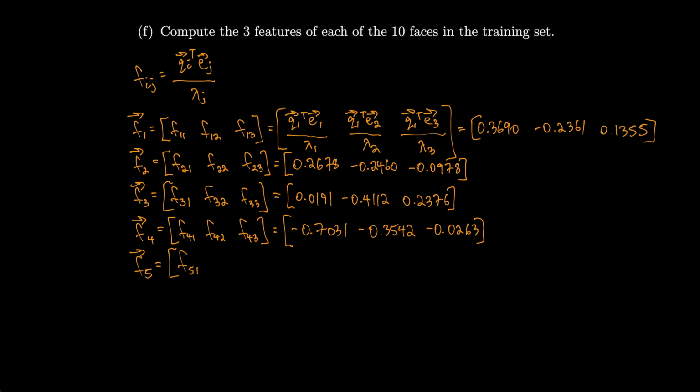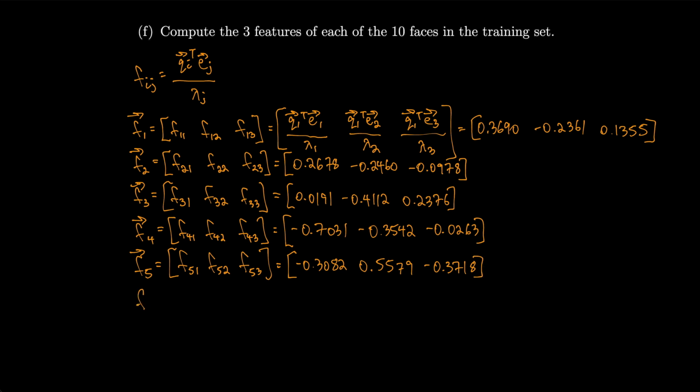F5 is F51, F52, F53, negative 0.3082, 0.5579, negative 0.3718.